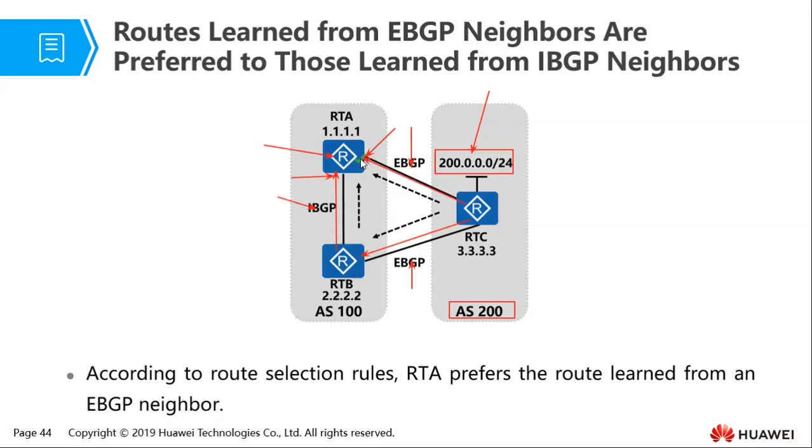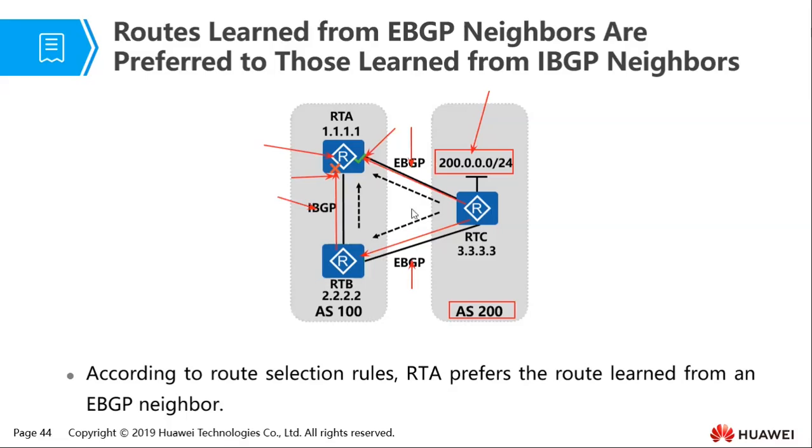So it will prefer this one and install it in the routing table. And this particular route that has been learned through the IBGP neighbor is not going to be installed into the routing table. So EBGP over IBGP.